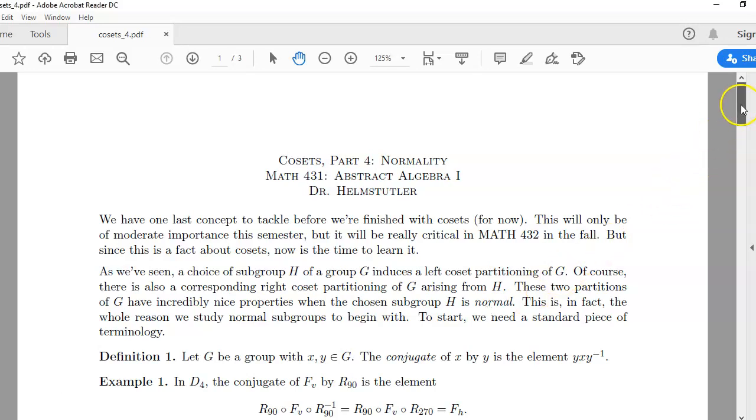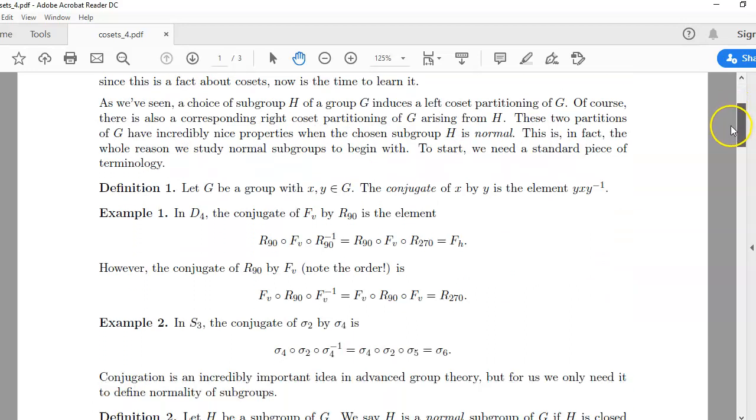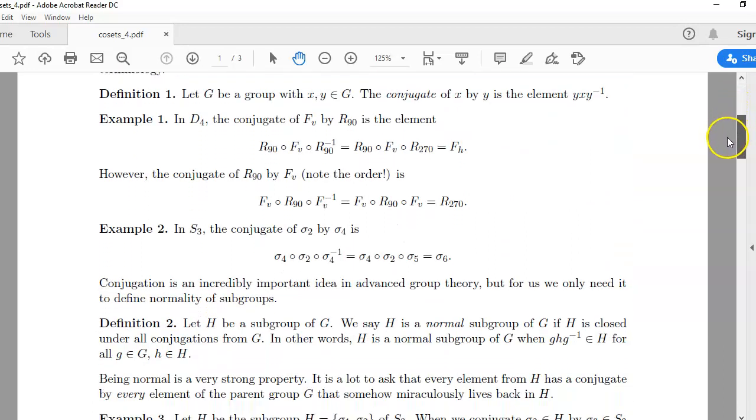In order to do that, we need a piece of auxiliary terminology, and that's the terminology on conjugates and conjugation. So here's the first definition. Let G be a group and take any two elements you like, X and Y, from your group. The conjugate of X by Y is this element right here. You sandwich X within Y and Y inverse.